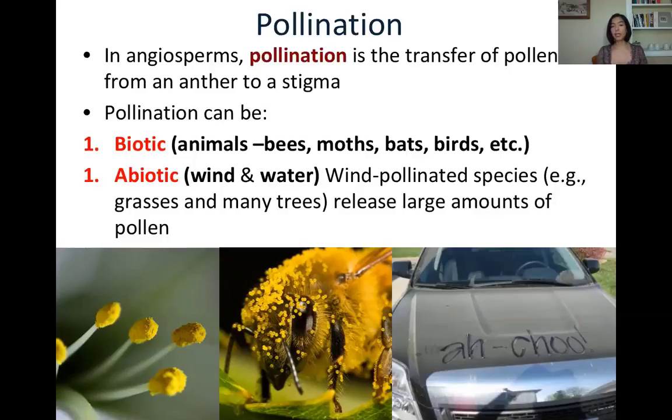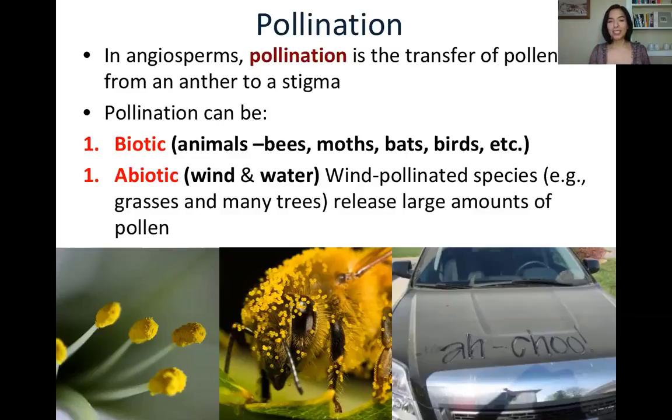Also, gymnosperms have wind pollination, right? They disperse their pollen by these currents of air. And many other trees have this, but also grasses. Grasses are adapted to disperse the pollen by wind.